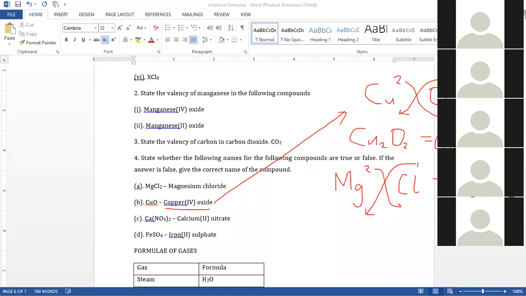Is this what you mean? Yes. Students, do you think she's correct? No, teacher. Okay, why do you think she's not correct?